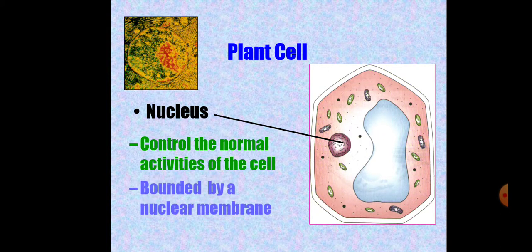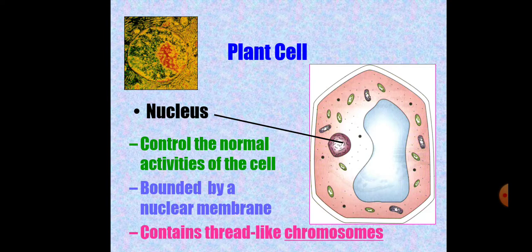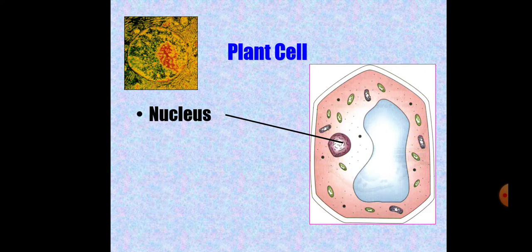The nucleus is normally surrounded by a membrane called the nuclear membrane. One thing you should know is that all membranes in all cells and all organelles have a similar structure. They are made up of lipids. The nucleus contains chromosomes, and chromosomes determine the characteristics that a parent will pass to the generations.